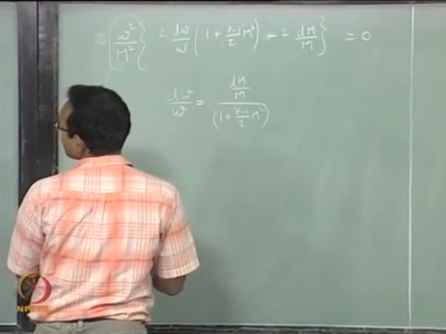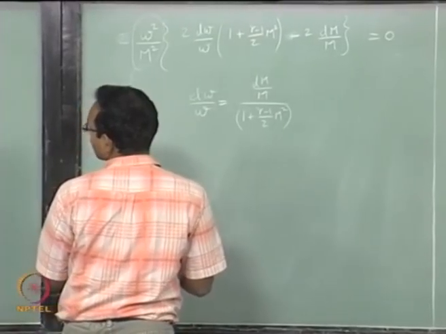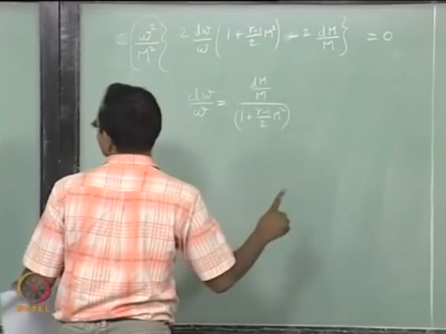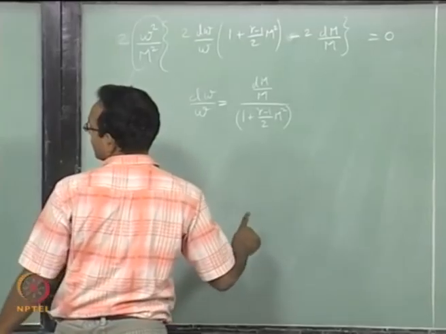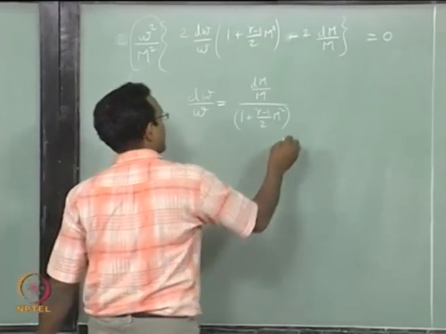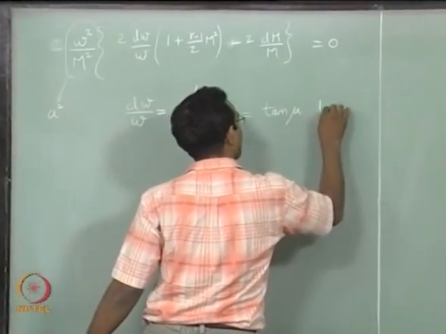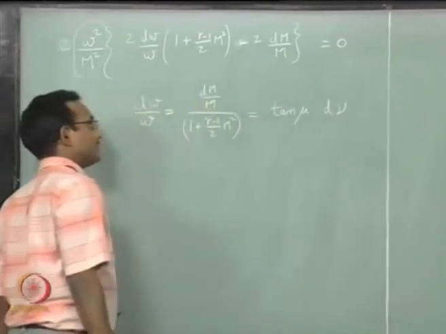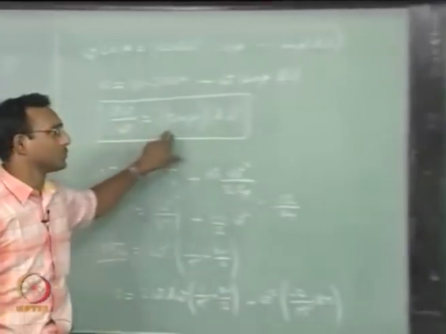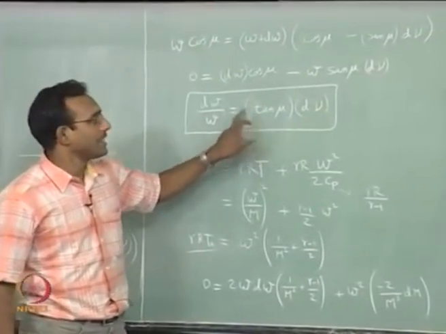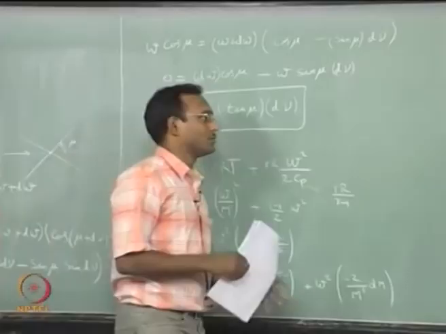And we derived one expression before this. Oh, I am missing one particular derivation from here. I will write the other expression here directly, tan mu d nu. This we derived here from this board. We derived this, I am just putting that also equal to there.